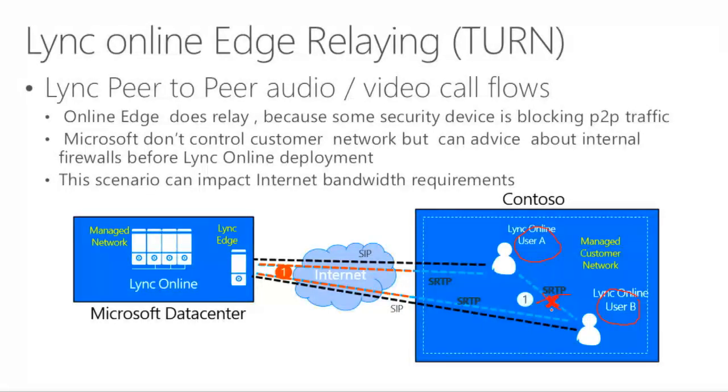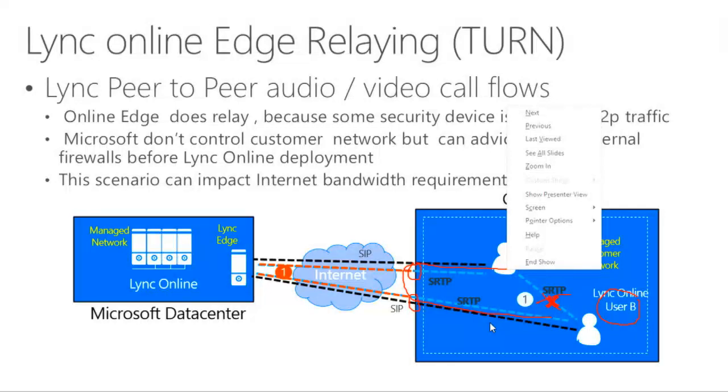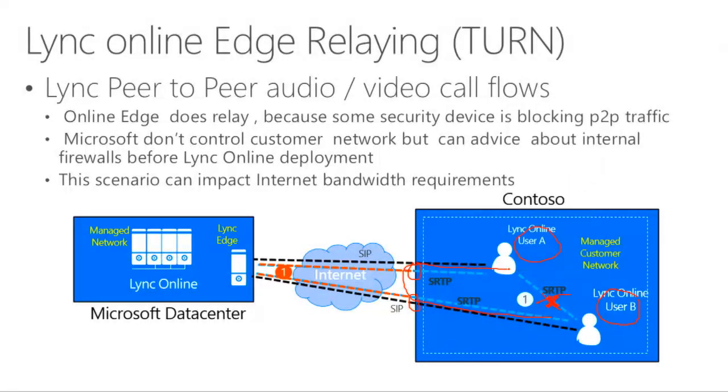STUN means that they are going to look at this IP on the firewall, and this IP on the firewall, and try to send the traffic here, and then from here to here. That's actually not optimal either, because imagine these users are in a branch office.